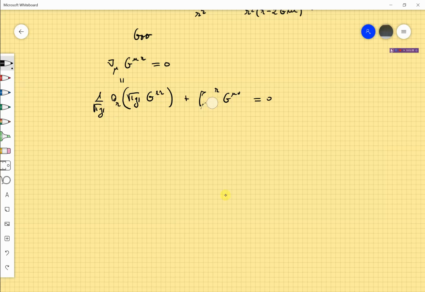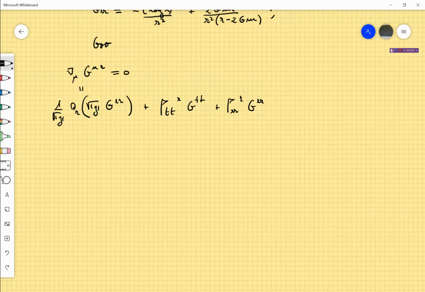And this second term, we can really expand it in this way, so it's gamma ttr gtt plus gamma rr grr plus gamma theta theta r g theta theta plus gamma phi phi r g phi phi. This is equal to 0.